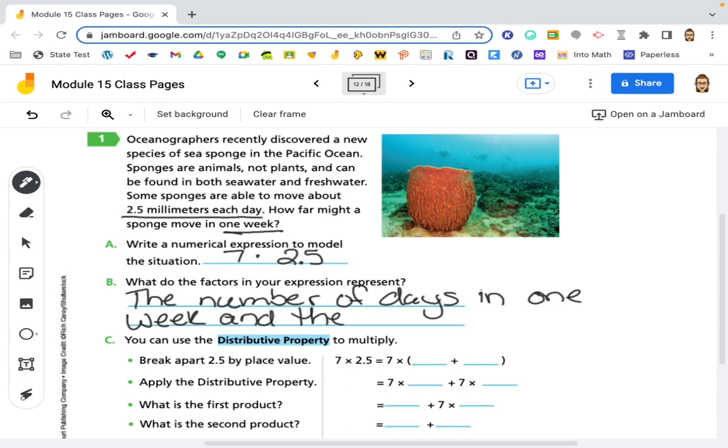And then the 2 5/10 is the distance some sponges move each day.